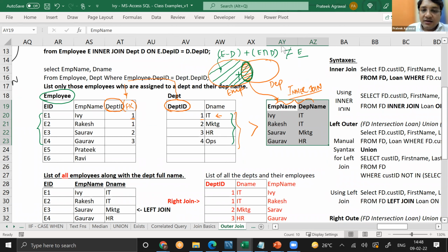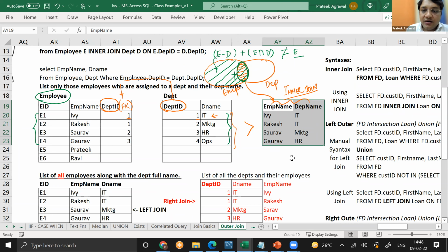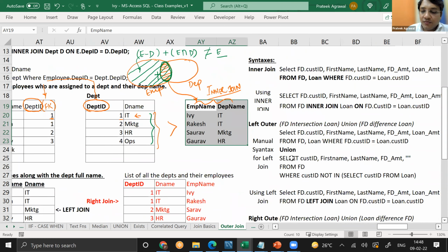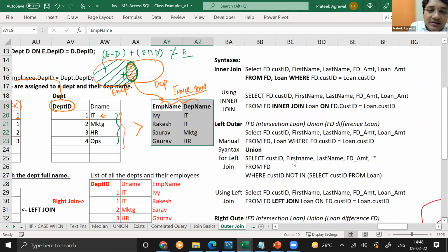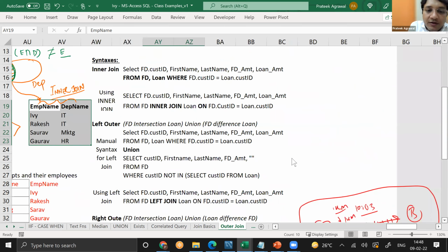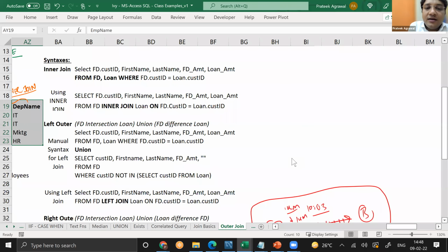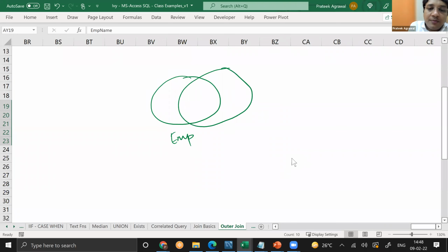Clear, guys? So if I were to show it in a clean window, then what are we saying? This is our employee table, and let's say this is our department table. Now we know that there are certain employees who have not been assigned to any department, but most of the employees are assigned to some department.